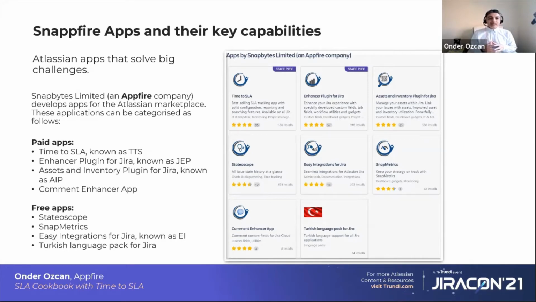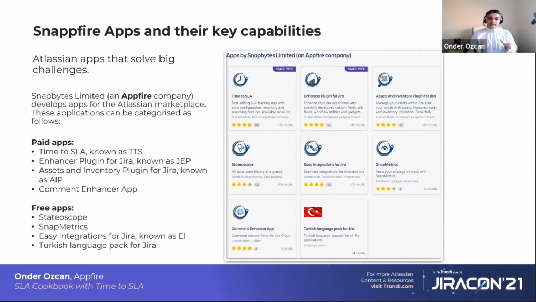Next up we have the assets and inventory plugin. Again, it is really useful and a really straightforward application. Its focus is creating and managing your assets within your Jira instance. More importantly, you can define relationships between those assets, link them together and manage them in a more consistent way.